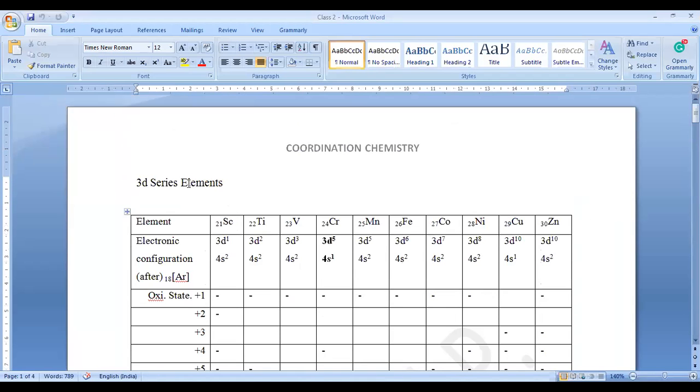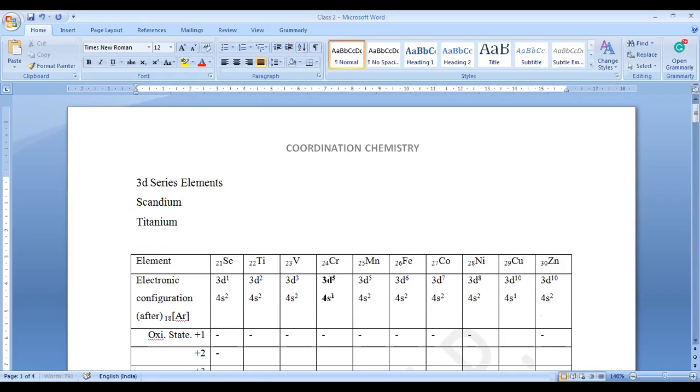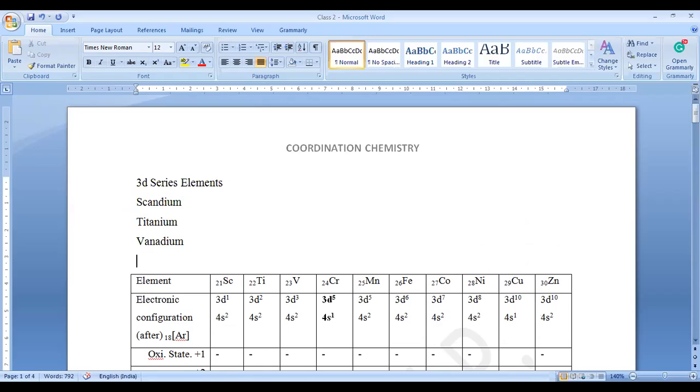In the 3d series, the first element is scandium, Sc, atomic number 21. The next one is titanium, Ti. The third one is vanadium. The fourth one is chromium.